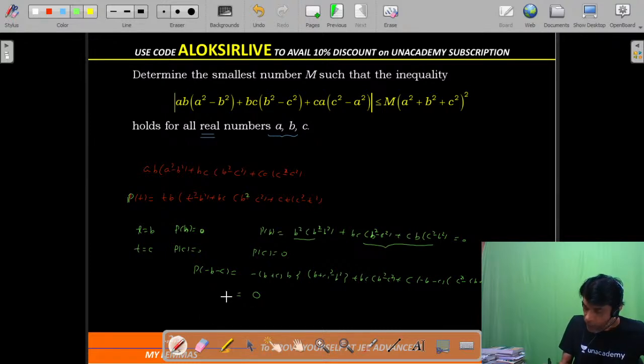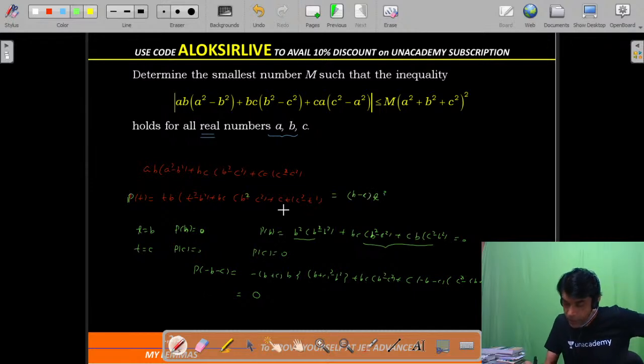You could also have guessed it like this, that if I write t more closely, I'll write that this is t cubed. See, it is t cubed times b minus c. So it is like b minus c times t cubed. So the leading coefficient of t cubed is b minus c. Then you will get t squared terms, other terms, and then you would get the coefficient of t.